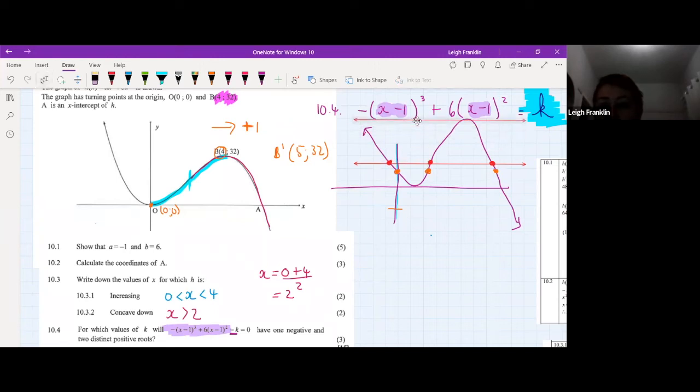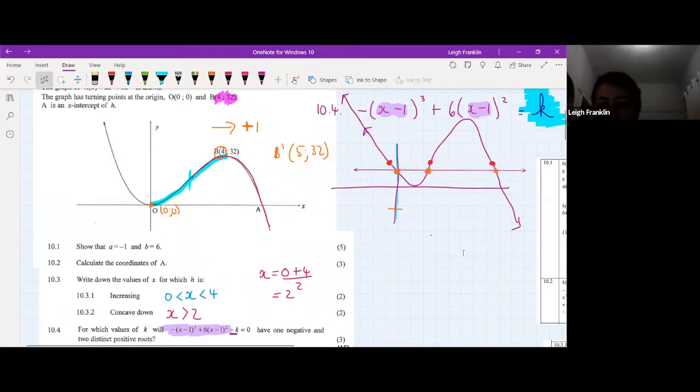Once it goes past there, then there are no longer 2 positive roots and 1 negative root. It's going to be just 2 roots. Obviously, what happens here is that this graph continues going forever and ever and ever.